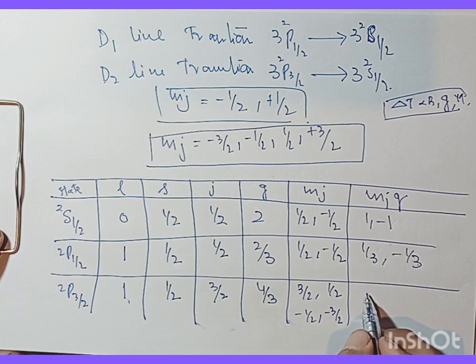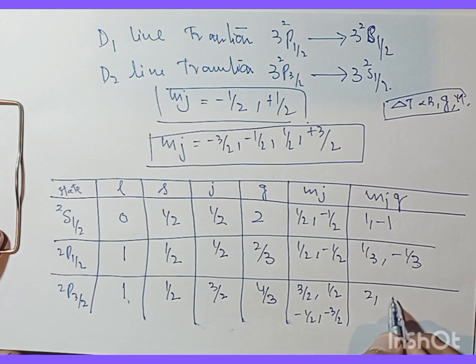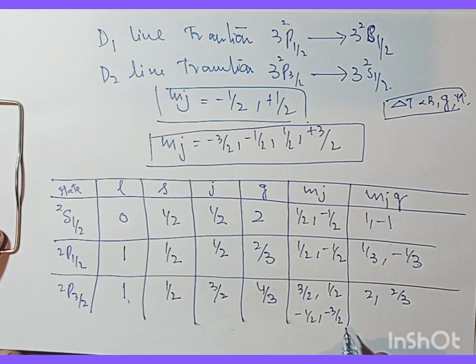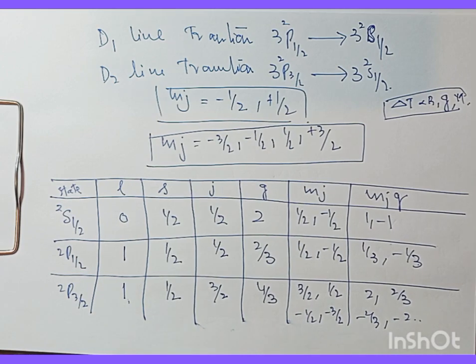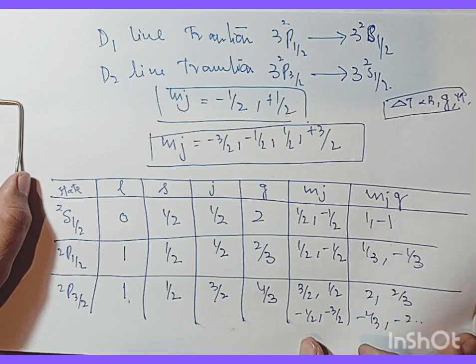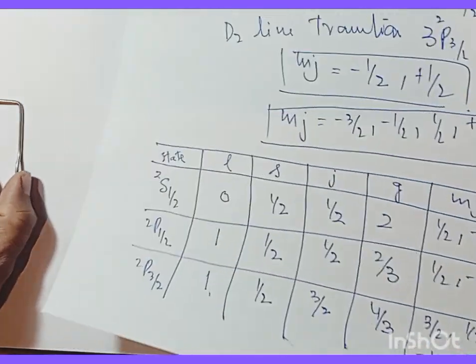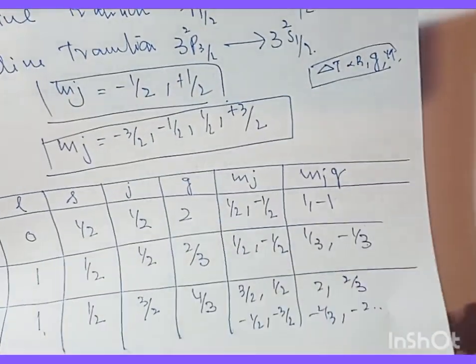Then mj times g will give us 2, 2 by 3, minus 2 by 3, and minus 2. Right. So this will be the tabulation of the transitions, the D1 line and D2 line.